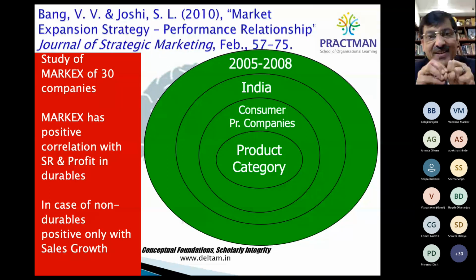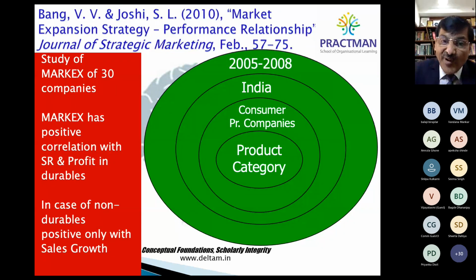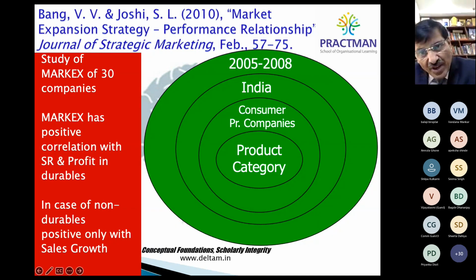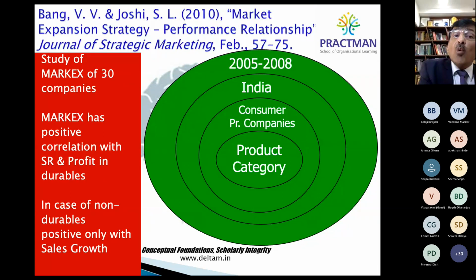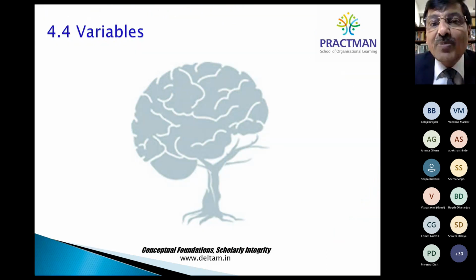Right? So that is how you define your unit of analysis. Finally, my analysis is applicable to the product category. So these findings are applicable to TV. That does not mean they are applicable to microwave ovens also. One has to be very clear when you are trying to publish your research findings.